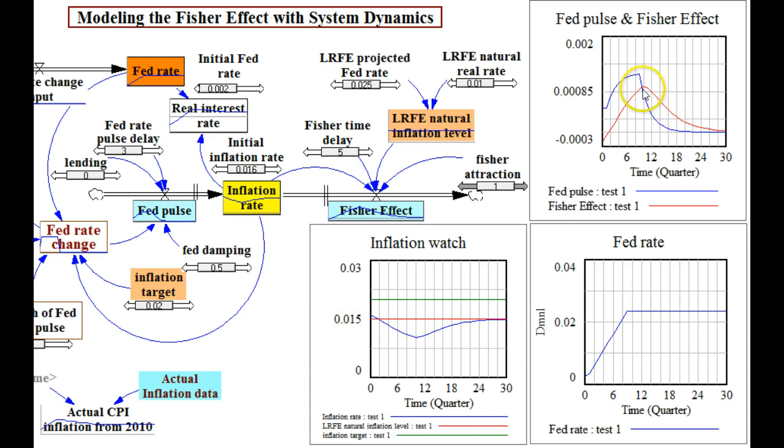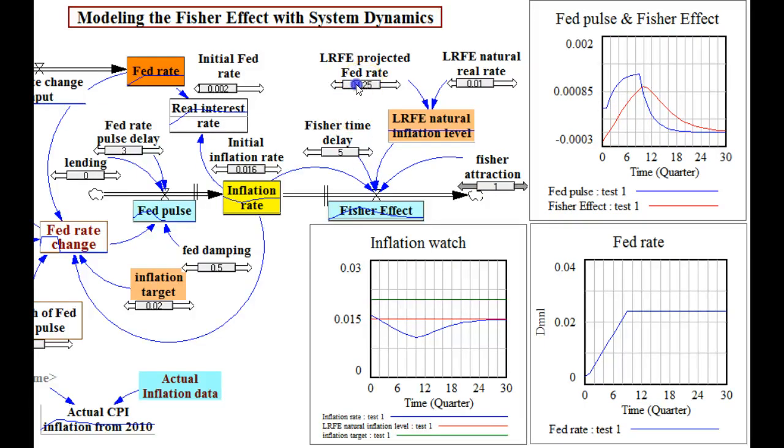You can see here that the red line is the Fisher effect, and once that's above the effect of the short-run pulse of the Fed rate, inflation starts moving towards its Fisher effect equilibrium. Now you can see that 1.5% is still quite low as far as an inflation target.